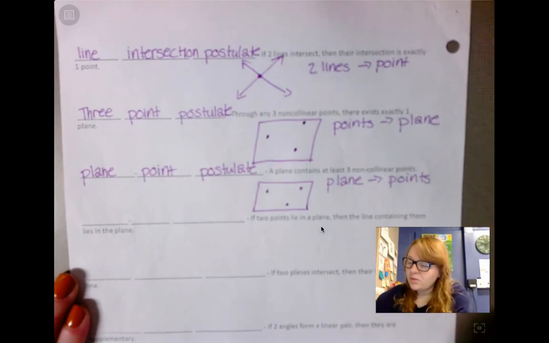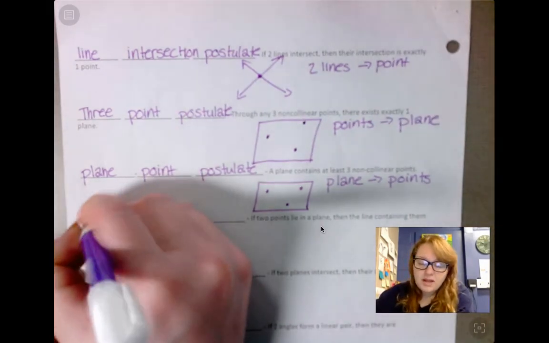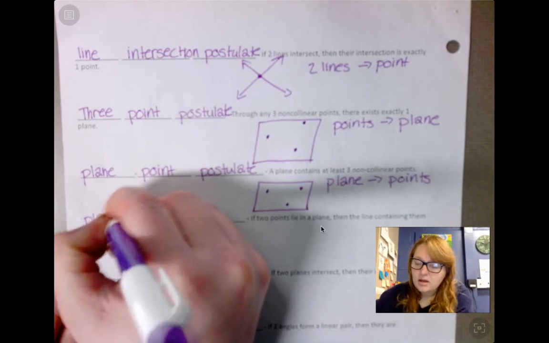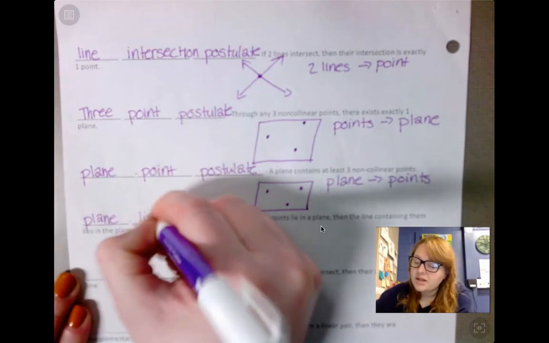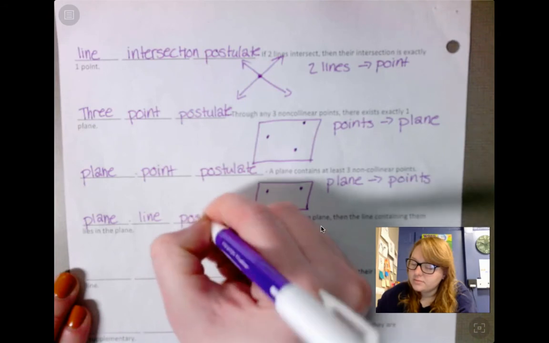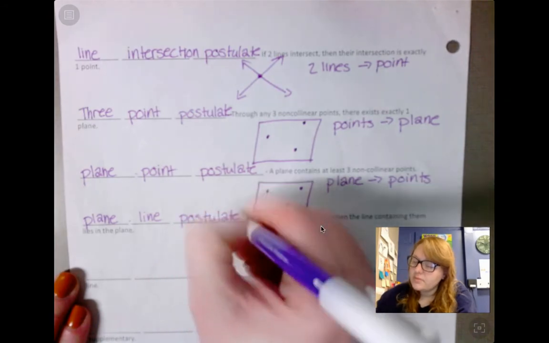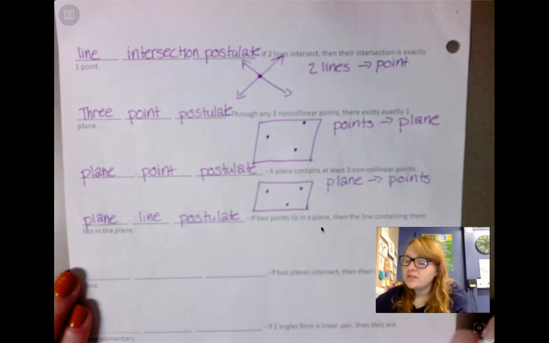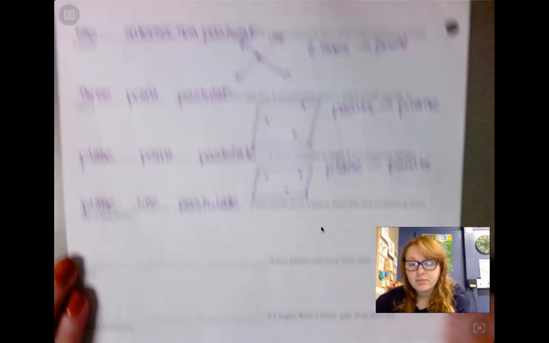Okay, the next one is the plane line postulate. And this one says if 2 points lie in a plane, then there must be a line containing them that also is in the plane.